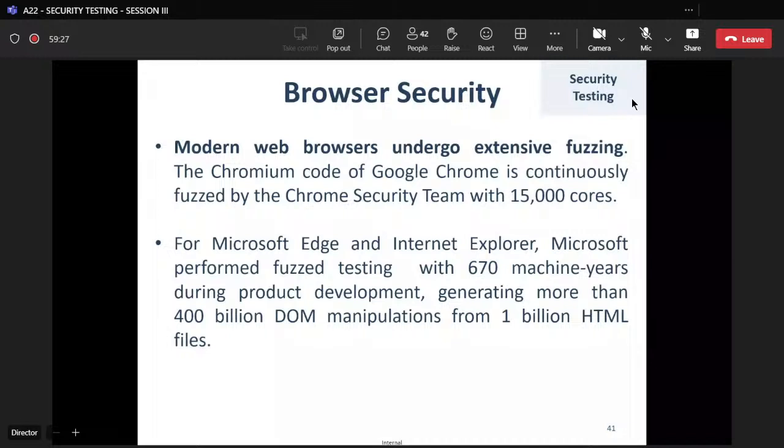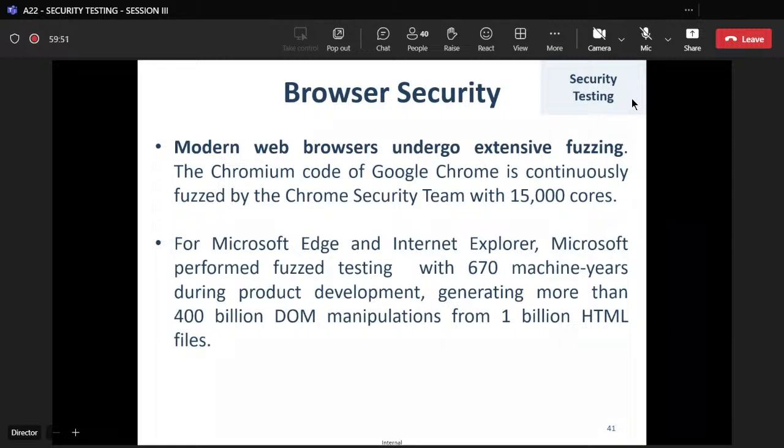And next we're going to discuss browser security, because browsers also undergo a lot of extensive fuzz tests. For Microsoft Edge and Internet Explorer, Microsoft used nearly 670 machine years during the product cycle and more than 400 billion DOM manipulations from 1 billion HTML files.